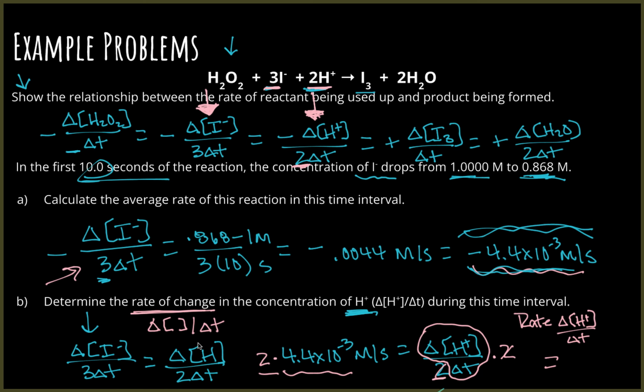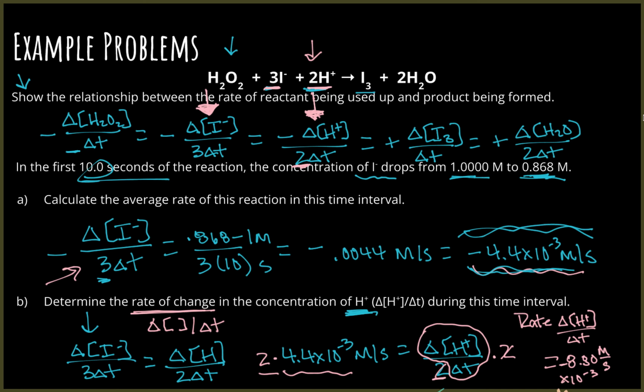So that becomes 8.80 times 10 to the negative third molarity per second. And again, this would be negative because this is a reactant. So this is how you can solve for rates using stoichiometry. This is what you're going to practice today.